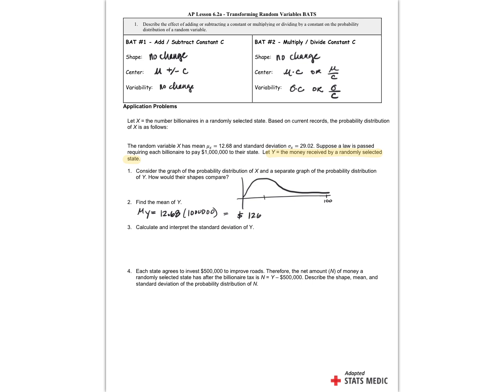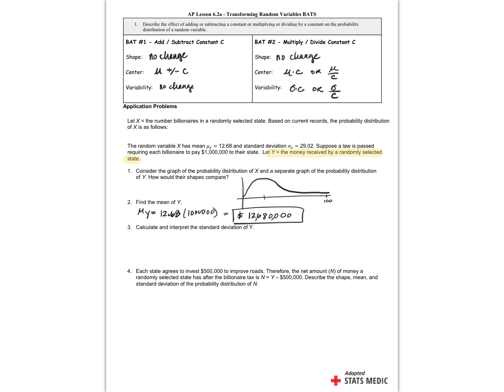So how much is that going to translate to? 12, 6. Oops. Yep, I forgot a 0. So on average, that's what the state is going to get, right? Because it's multiplying, isn't it?